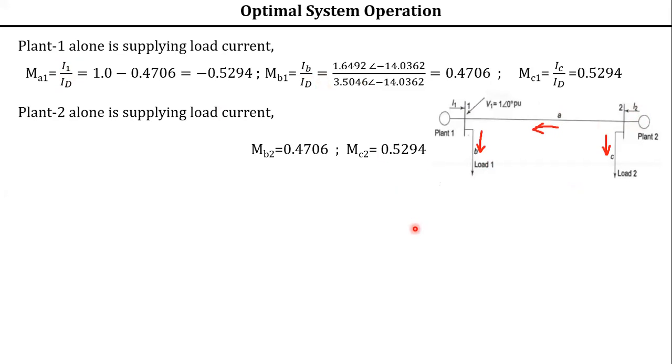Okay, now you see the answer is 0.4706. Please use 4 decimal points here. Because I2 is 1, a portion of this 1 current will be flowing through C, that is 0.5294. So 1 minus 0.5294 is the remaining part flowing through MA2, that is equal to 0.4706. Hope you understood this one.